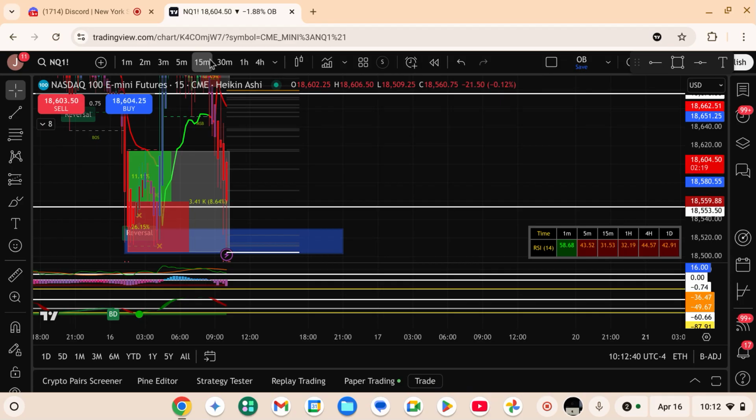I'm not seeing any clean setups. This is chop everywhere.